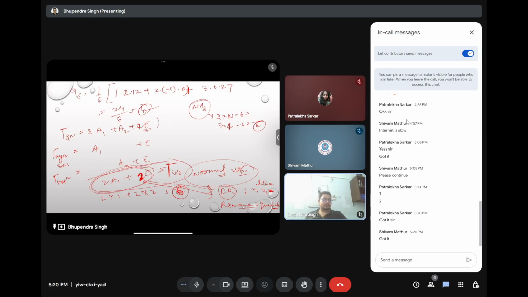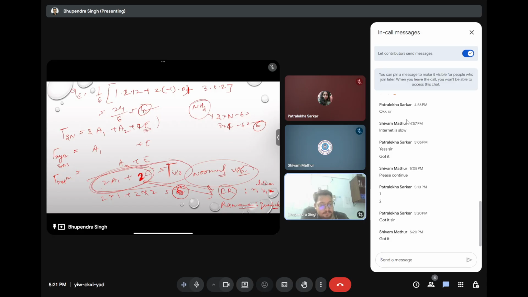Okay. If someone also asks you about parallel modes and perpendicular modes, then how can we determine these modes?